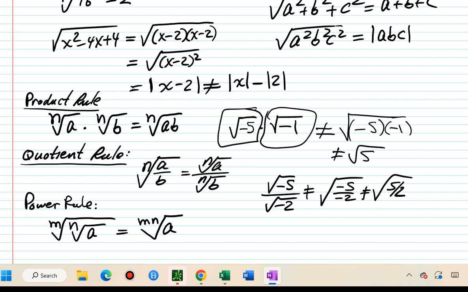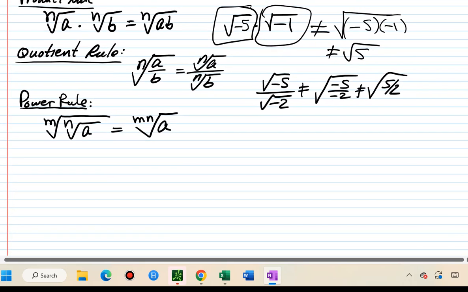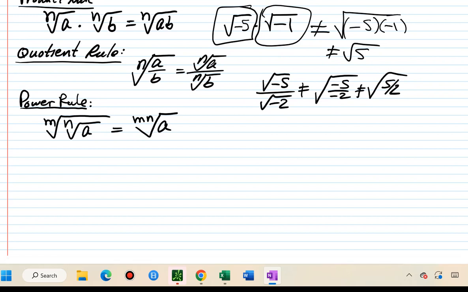And this one is not that often used, because as much as possible we try to keep the radicands the same in our work. In other words, we work with just square roots, cube roots, and something like that. We don't mix them usually, unless the exercise wants us to practice with that.